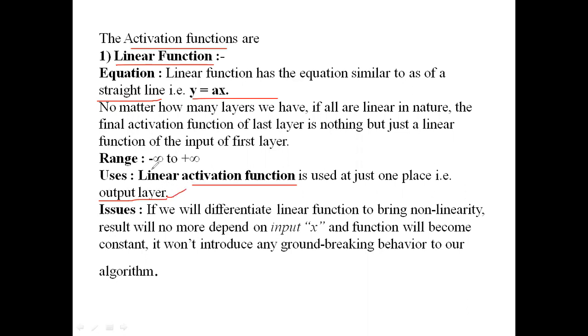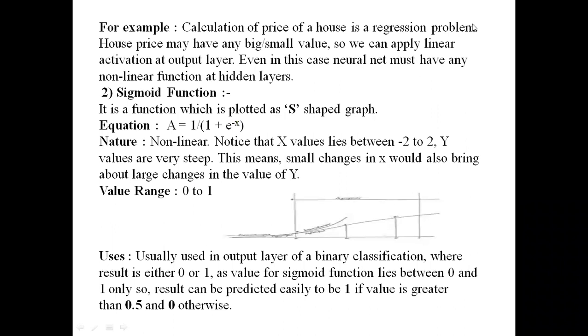It would give the outcome in a range from minus infinity to plus infinity. Clear? So this is about the linear function. Coming to the second one, the second activation function is the sigmoid function, which is plotted as an S-shaped graph.